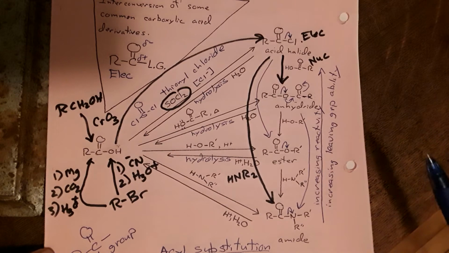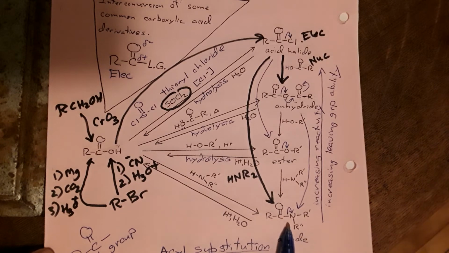So let's take a quick look at the leaving groups here. Here we have a nitrogen, which is an electropositive element that can't handle negative charge very well, and it's a small element, so it can't delocalize the negative charge very well. If that leaves with a negative charge, it will be a strong base, and a poor leaving group. So amides, which are found in proteins, are much more stable than any of the other carboxylic acid derivatives.